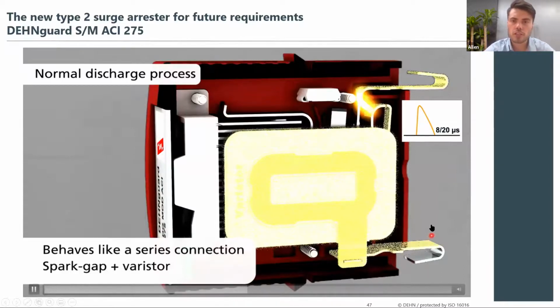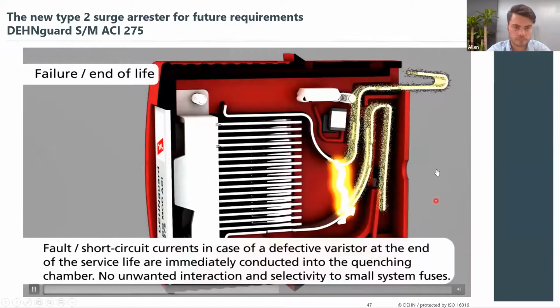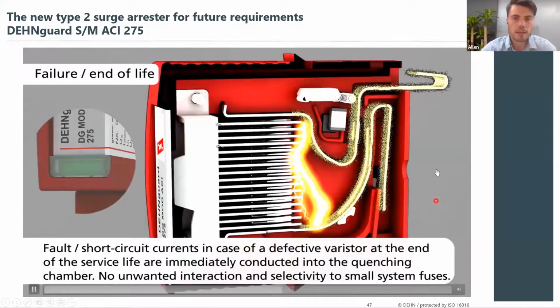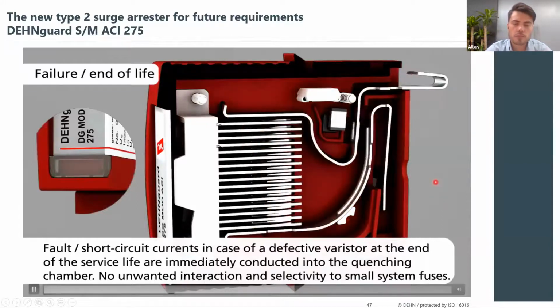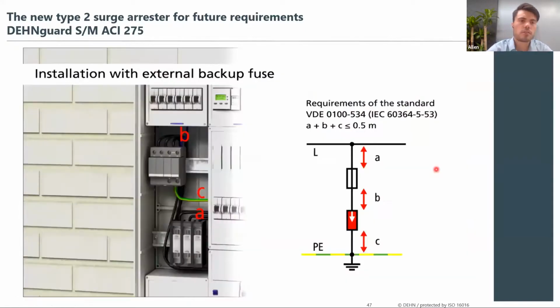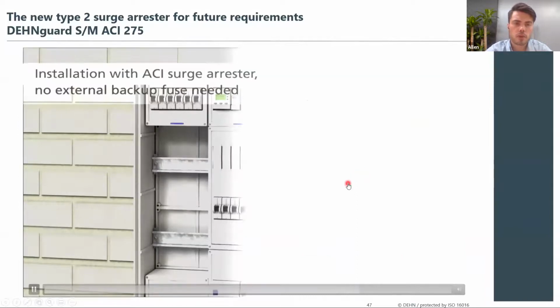In case of a fault condition, you have a short circuit. It can interrupt the short circuit and disconnect the SPD when it's overstressed. The safe dimensioning is also nice with this implementation of the SPD because it removes the requirement for any external backup fuses. So all the connecting links or wires can be kept as short as possible.